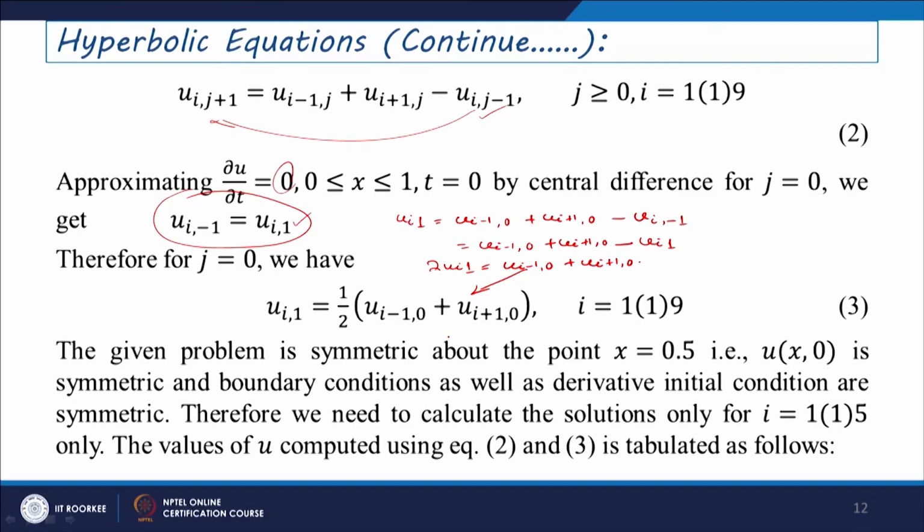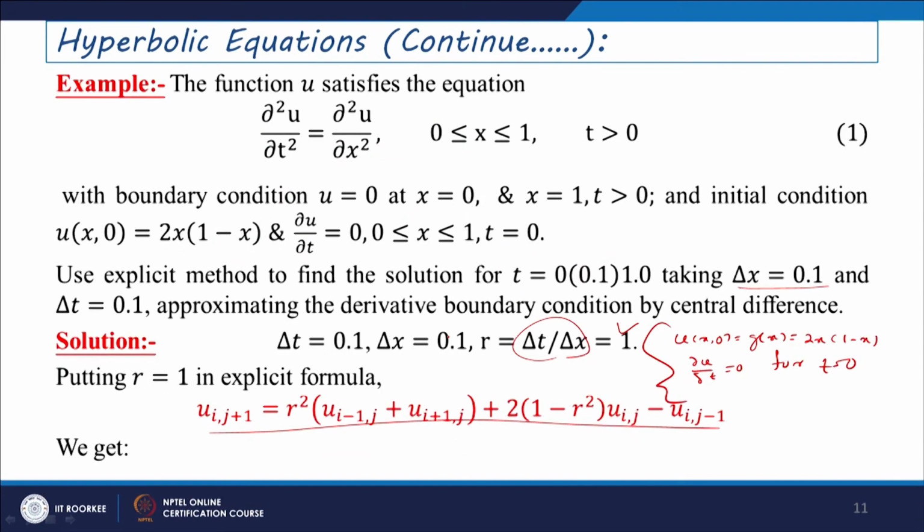And if you see the given problem, it is symmetric about the point x equals 0.5, that is u of x, 0 is symmetric, and the boundary conditions as well as the derivative initial conditions are symmetric. Since this is 2x into 1 minus x, if you put x equals half here, you will have the same condition as we get at 0 and 1.